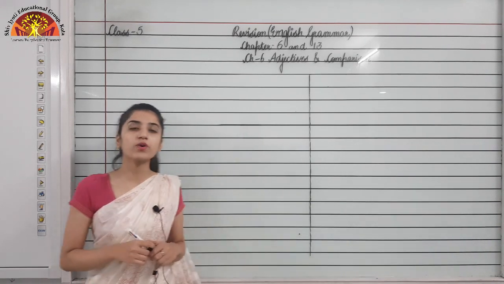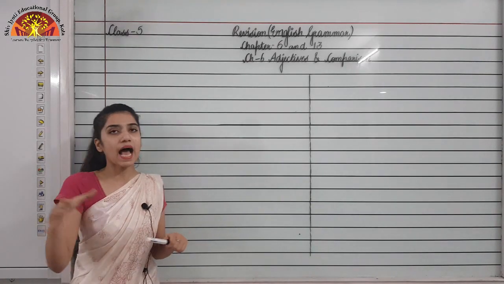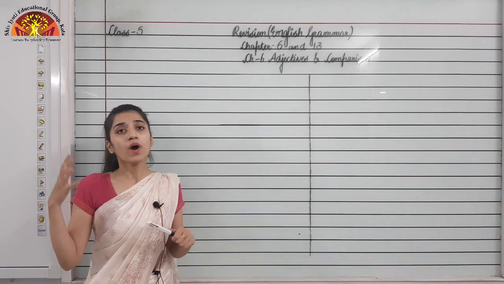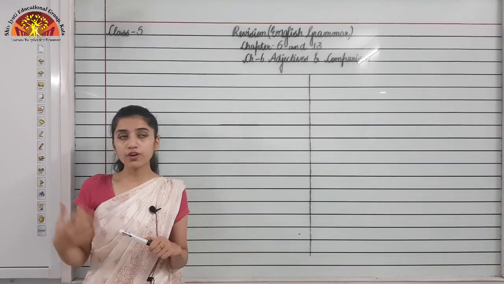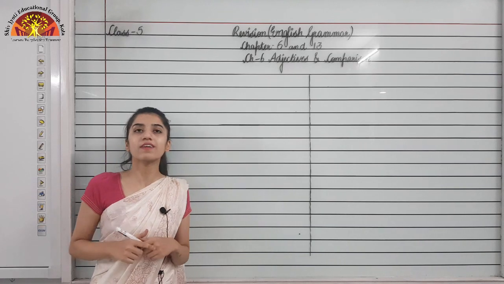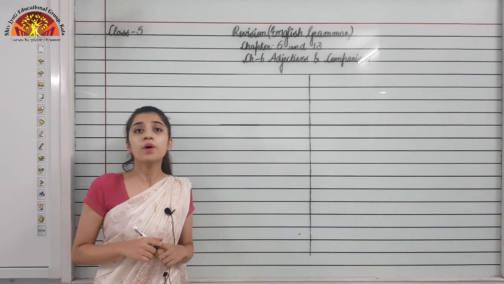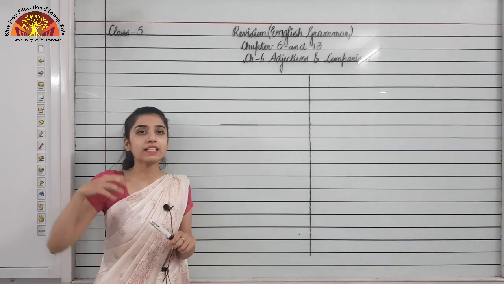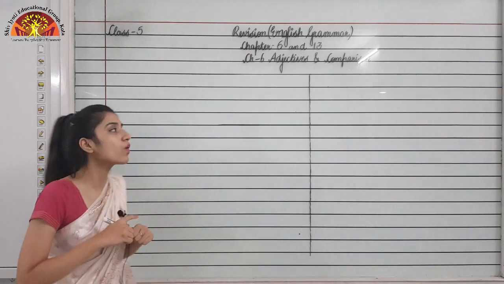So first we are going to see what is an adjective. Adjectives are words that are used to describe a noun or a pronoun. So I can say they are describing words.